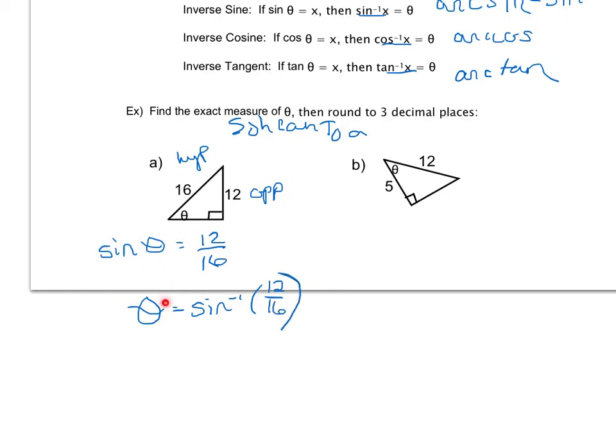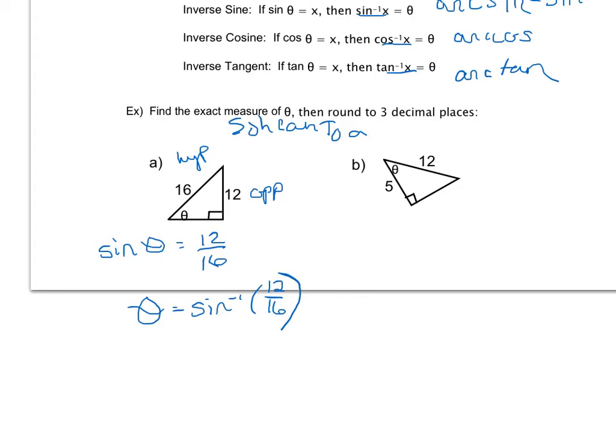From here, I'm just going to put this into my calculator. Oftentimes, you have to hit the second button on your calculator to activate sine inverse. Oftentimes, it shares the sine key, but you'll see it written above the sine key in a separate color. In class tomorrow, when you have some time to work on this assignment, I can show you where that button is if you're having difficulties locating it on your calculator.